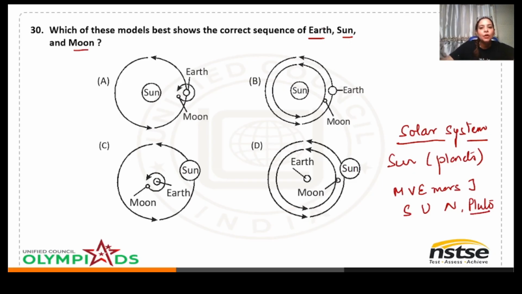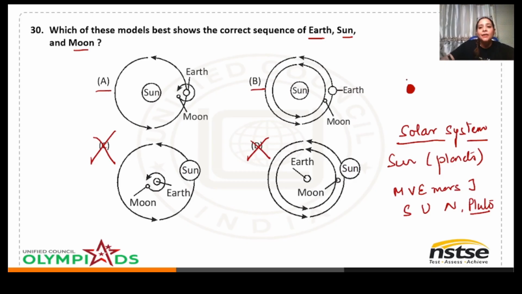Now here we need to talk about Earth, Sun and Moon. So undoubtedly the Sun is in the center. So all those options which have the Sun in the center would be right. So we can go for option A, we can go for option B, but option C is discarded because Earth cannot be in the center place, and even this is incorrect. So that means now we are left with just two options.